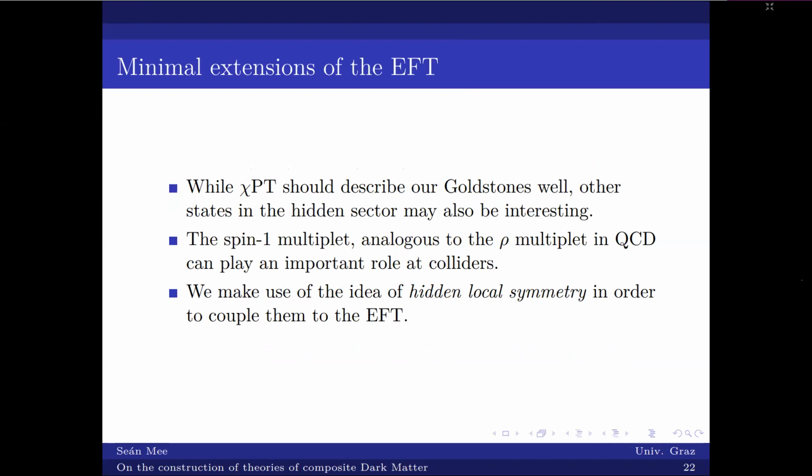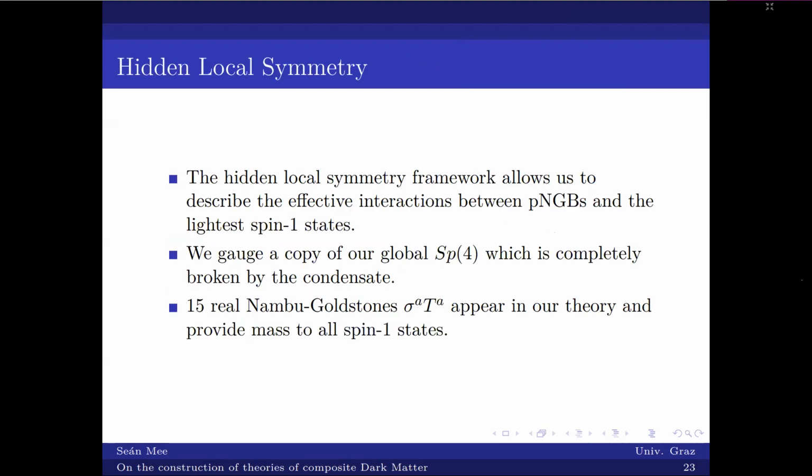And to include these in the effective theory, we make use of this idea of hidden local symmetry. So what this means is we introduce them as dynamical objects, which couple to the pions as gauge bosons of a spontaneously broken hidden symmetry, right? So we stress it's not a fundamental gauge symmetry, it's just a method of introducing these guys as dynamical objects.